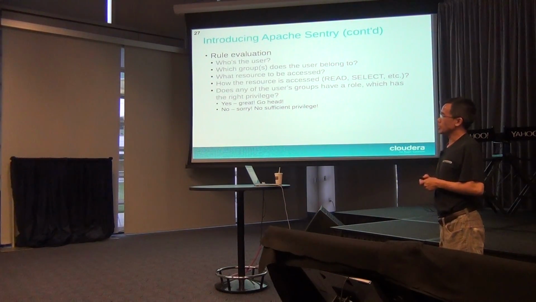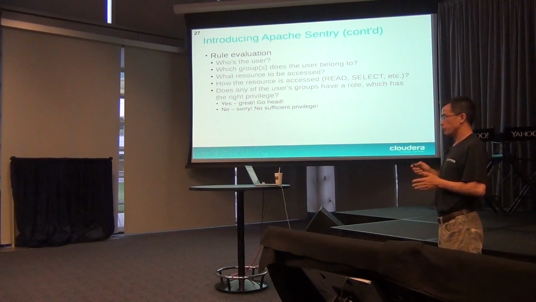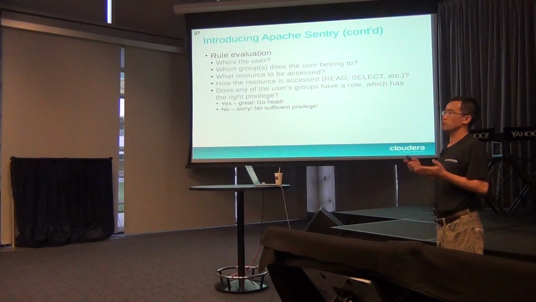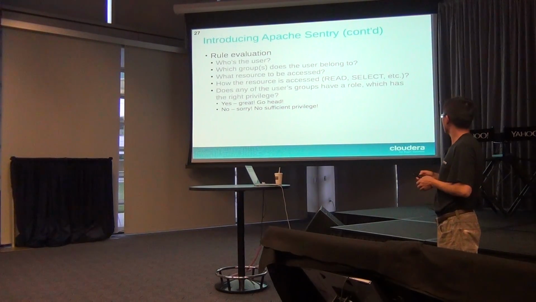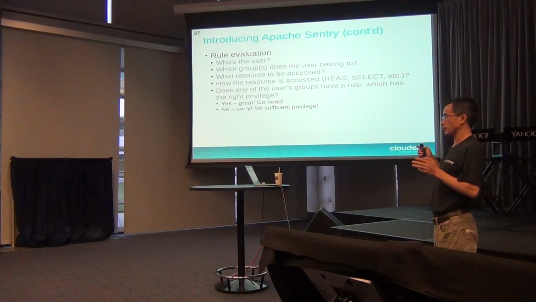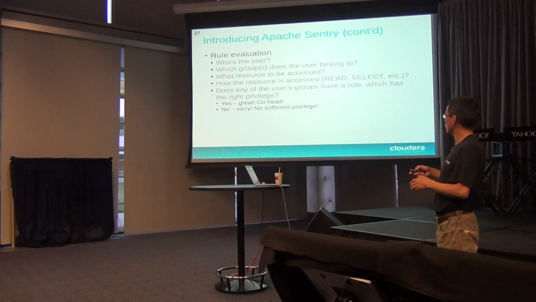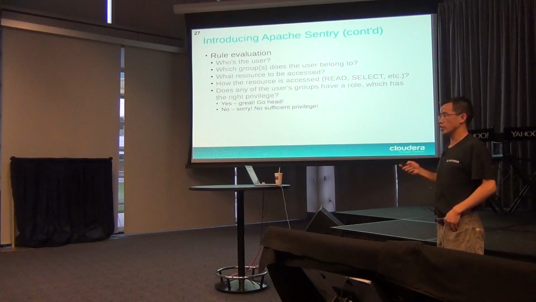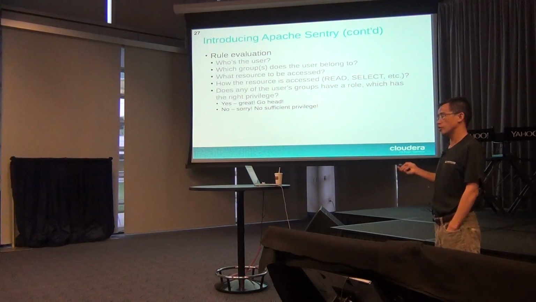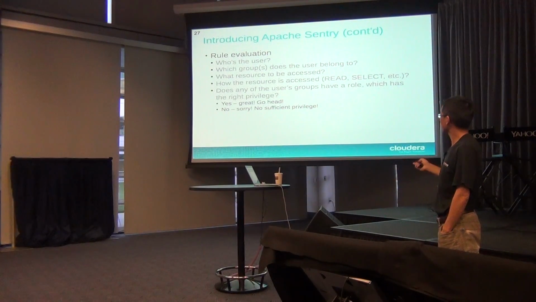Then Sentry will determine if any of the user's groups has the right privilege that allows this action on these resources. If the answer is yes, the response is go ahead. Otherwise, it will say no and give the most sufficient privilege.